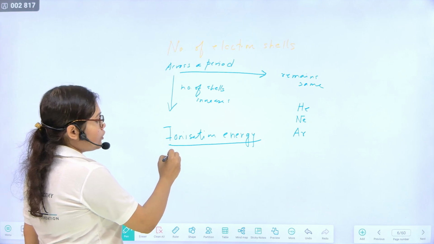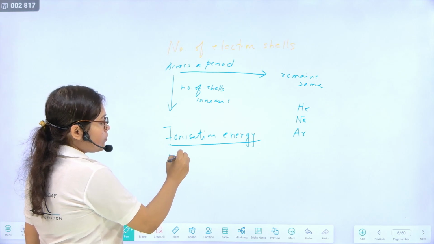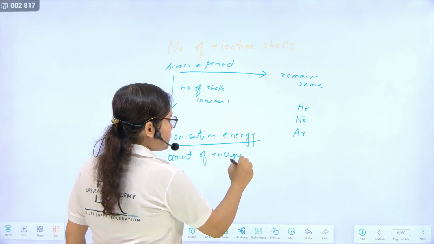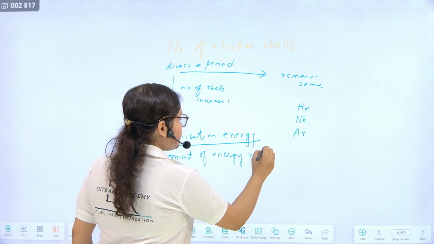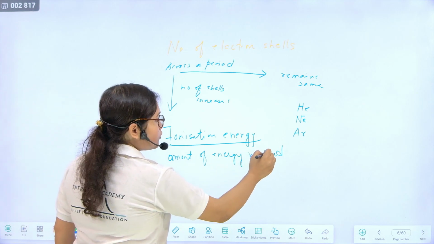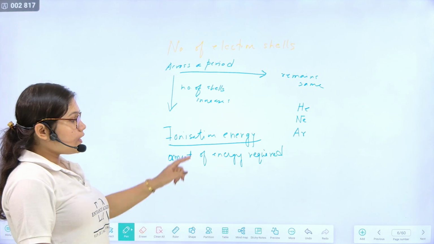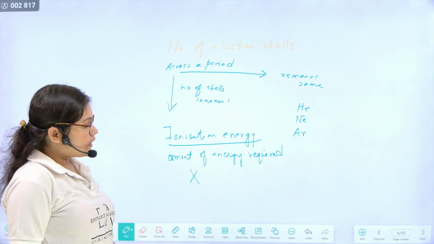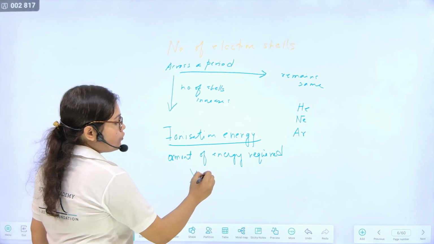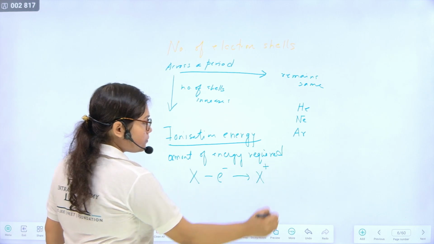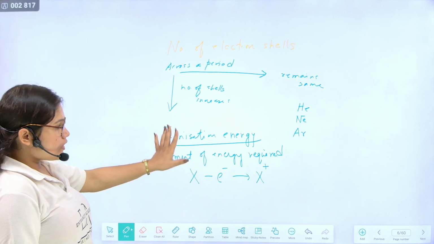The amount of energy required to remove an electron from an isolated gaseous atom. If this is an isolated gaseous atom and we remove an electron from it, it will become positively charged. The energy required is the ionization energy.